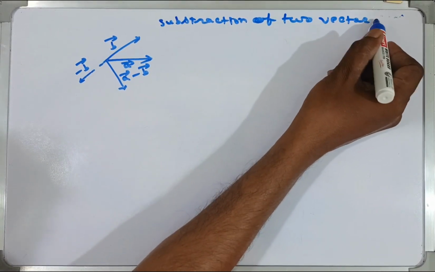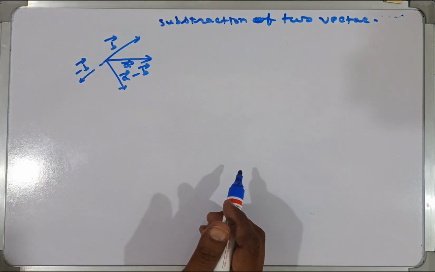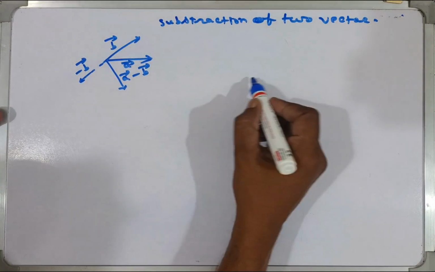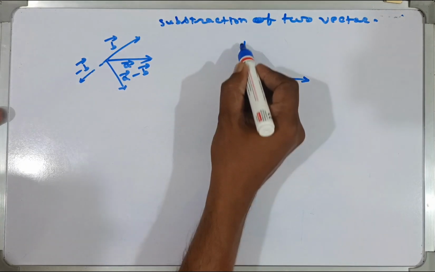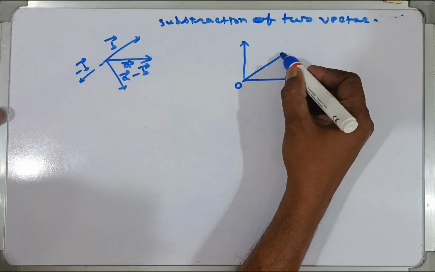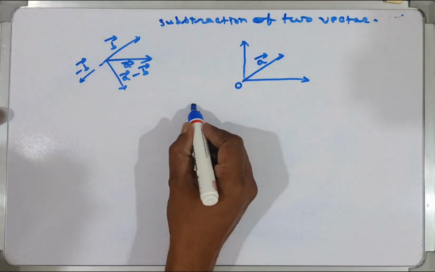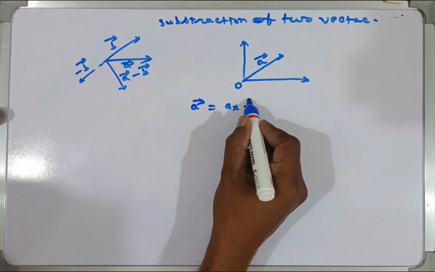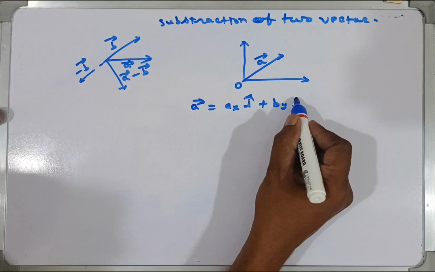Okay guys, now other important thing, suppose this one is the x-axis, this one is the y-axis, this one is the origin, and this one is a vector a. Okay, so vector a can be written as ax i cap plus by j cap.